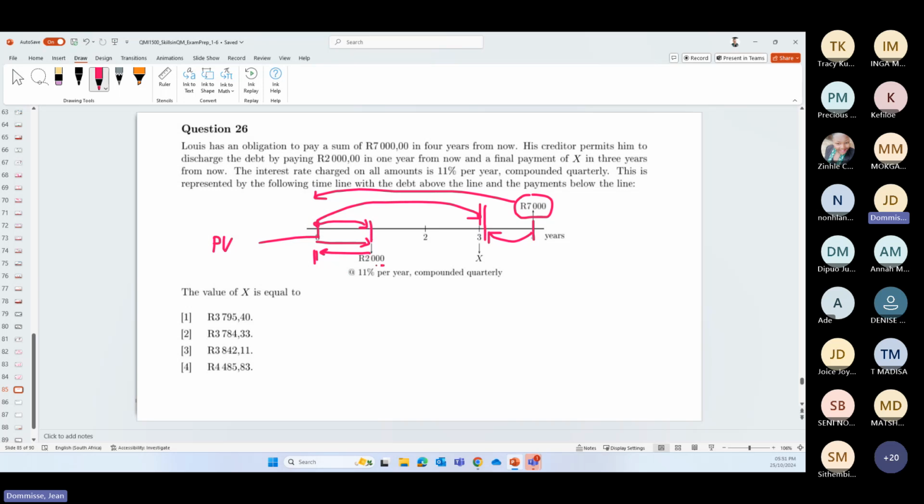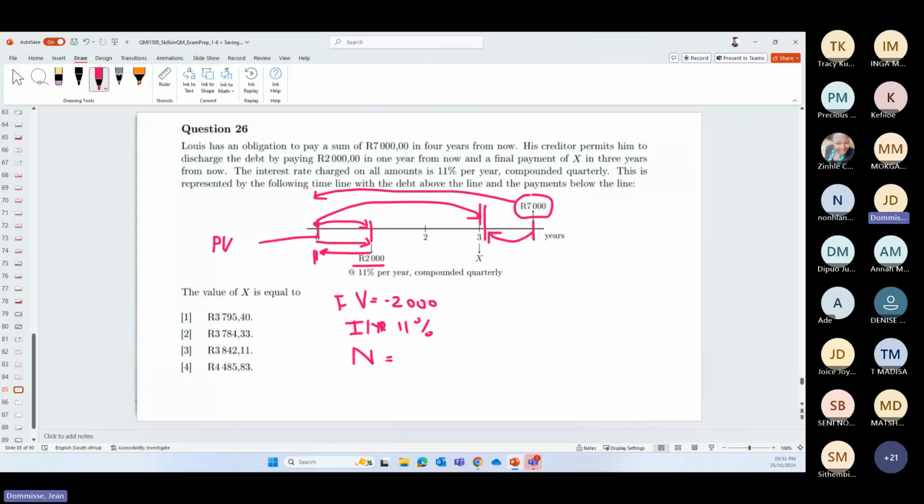So on the 2,000 we can say present value is equal to minus 2,000. Let's see if this will work. We've got the interest rate of 11%. Sorry, that is future value. We've got n, and they said that was 1 year.